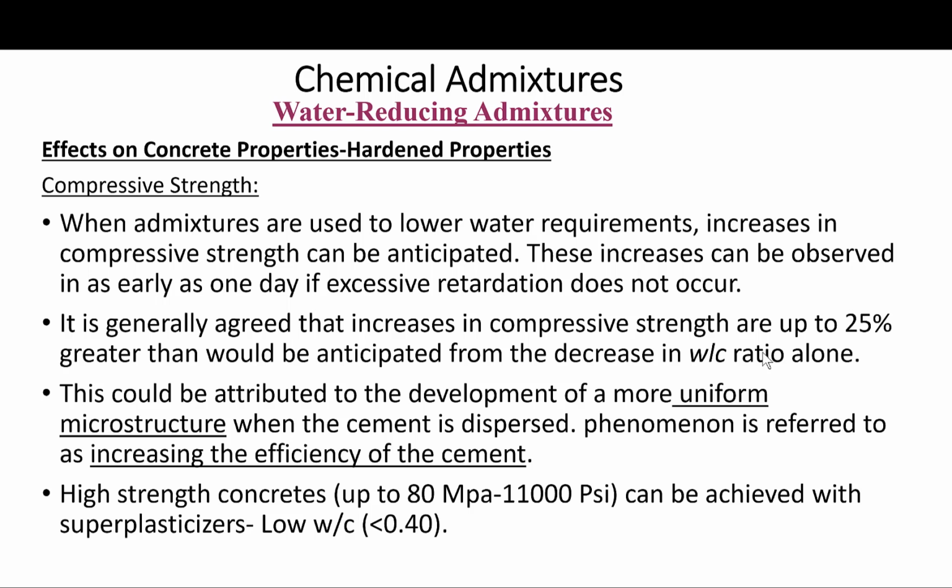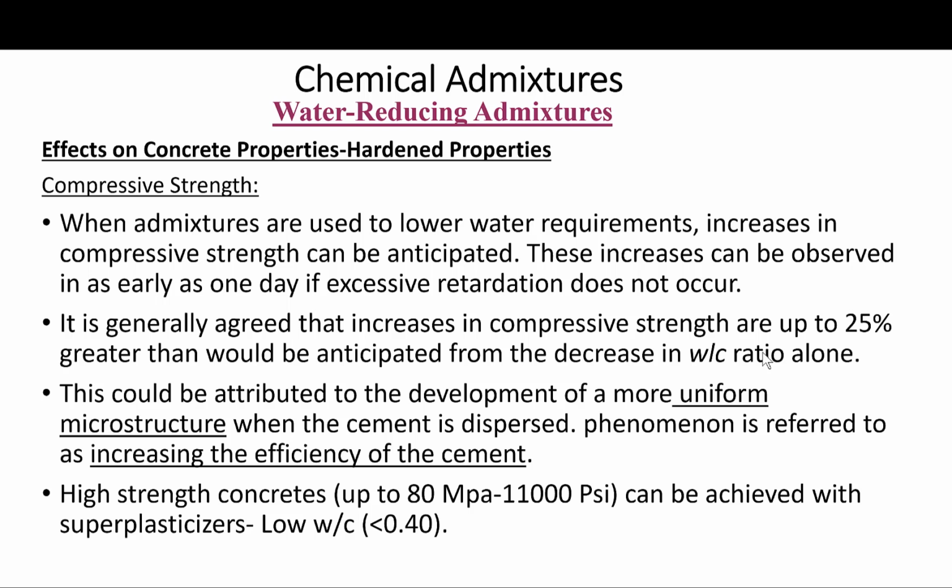So unlike type 3 cement, the more rapid strength gain as a result of reducing the water cement ratio by using these admixtures will not be accompanied by an increase in the rate of heat evolution.